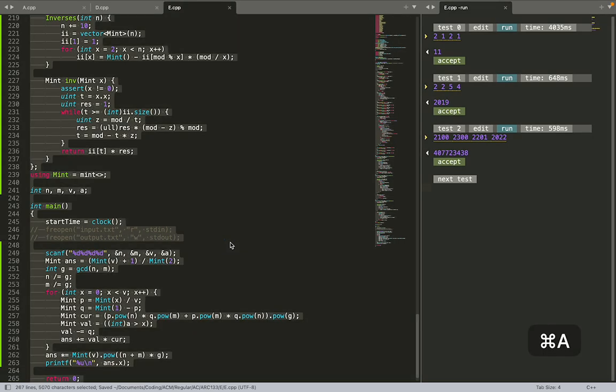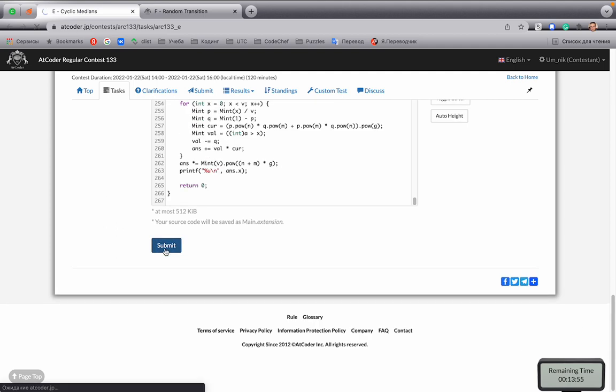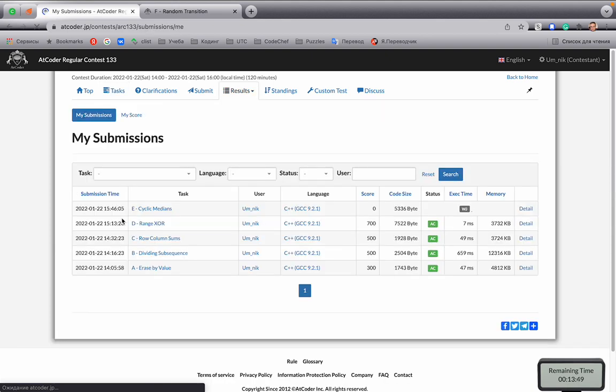Okay, looks like it works. Are there samples with GCD not equal to 1? Okay, it works. Cool.